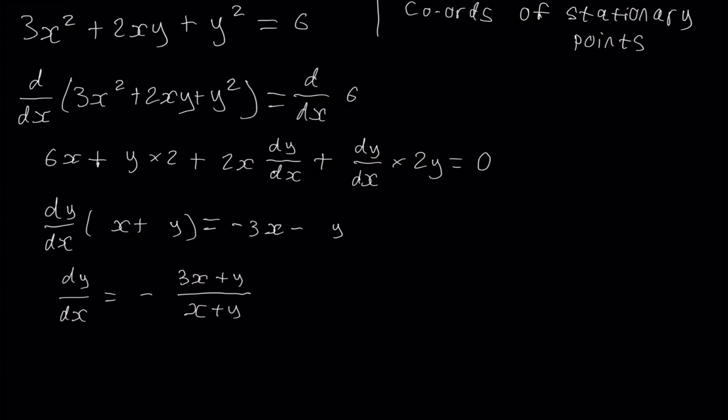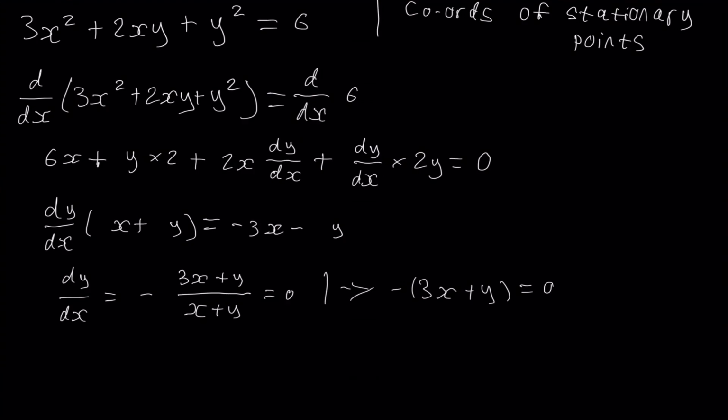Now from this point, in order to find coordinates of stationary points, we have to set our derivative of y with respect to x equal to 0. And now from here, we can multiply both sides by our denominator to end up with negative (3x plus y) being equal to 0.